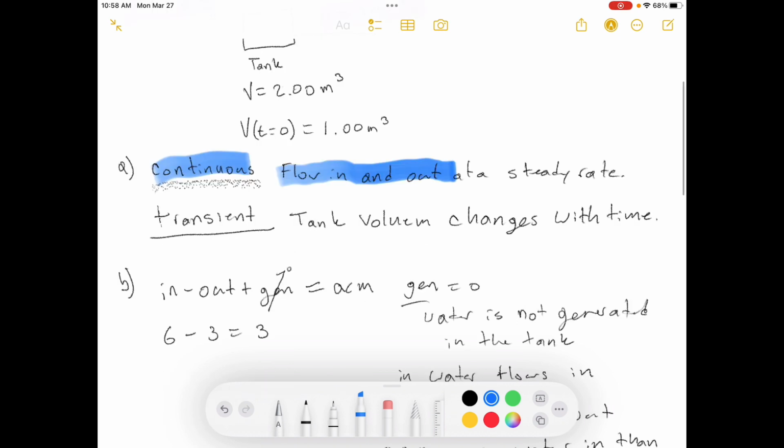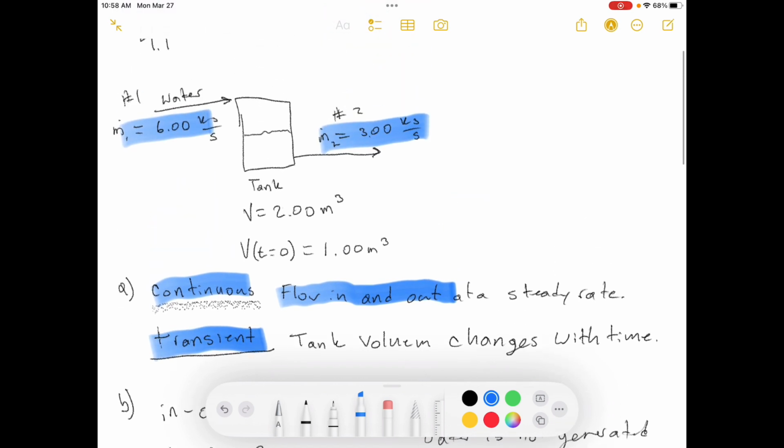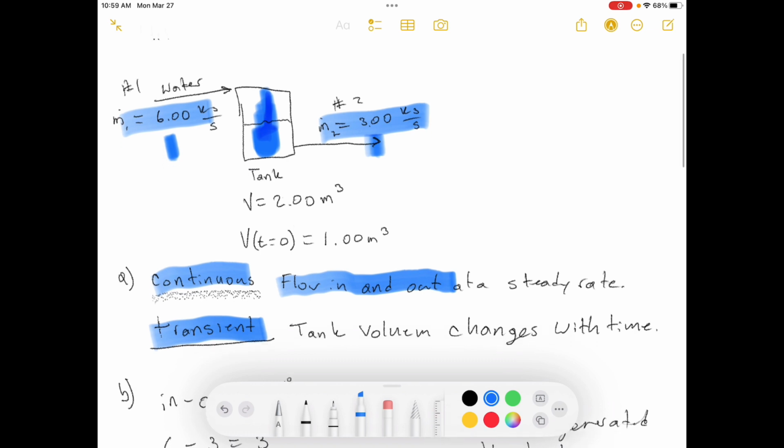Then we have whether this is transient or steady state. Well, it is not steady state because there's less going out than there is going in. The level of the liquid in this tank is going to rise with time. So this is not at steady state.